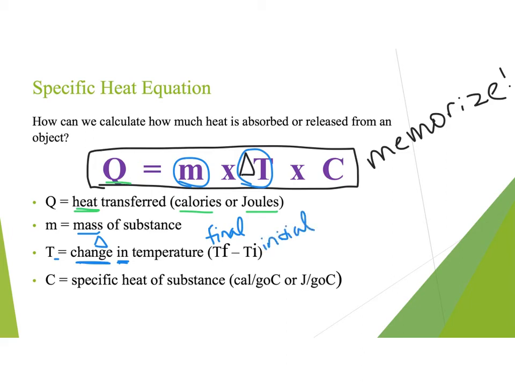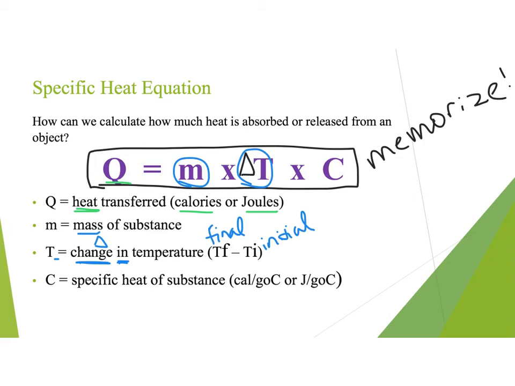When we were doing our Cheeto lab, we took the temperature of the water before we lit the Cheeto, and after we lit the Cheeto, because we needed to find the change in temperature in order to figure out how much heat was absorbed.